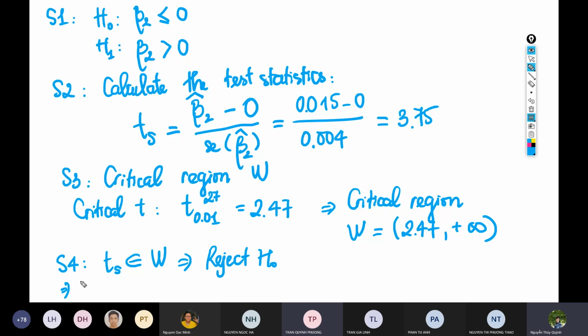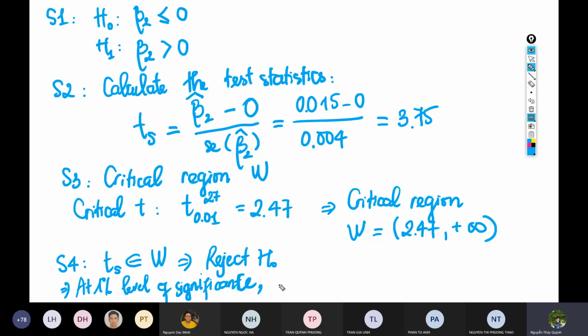Our conclusion is, at 1% significance level, the regression coefficient on TS is statistically greater than 0. Okay, thank you.